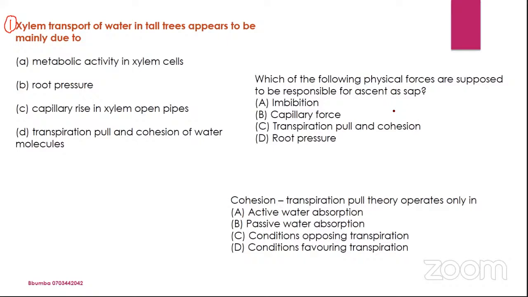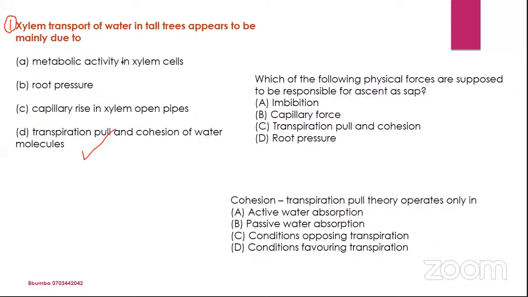Amuza says D, Asimwe says D. So I think you guys are correct, because xylem transport of water in tall trees appears mainly due to transpirational pull and cohesion of water molecules.